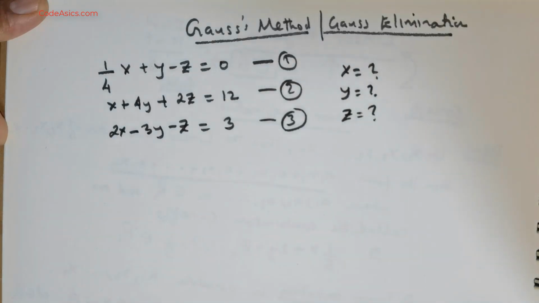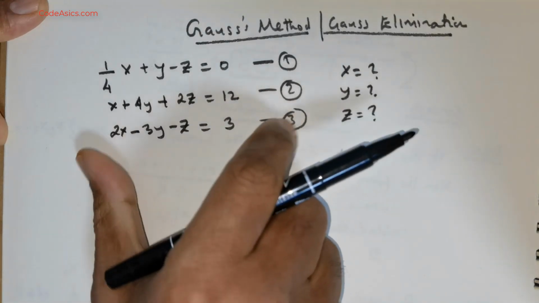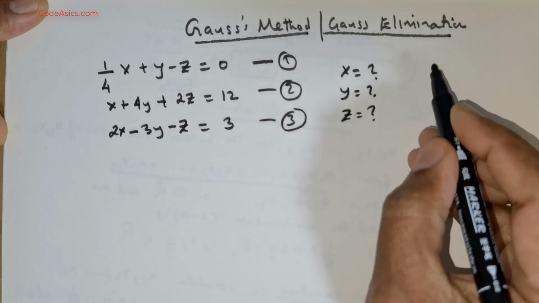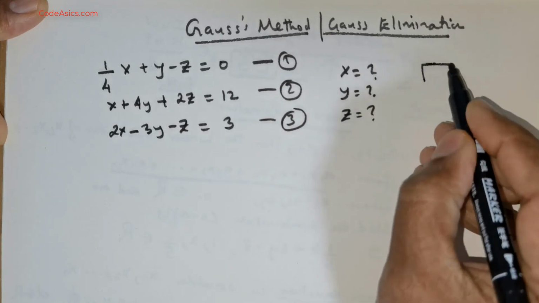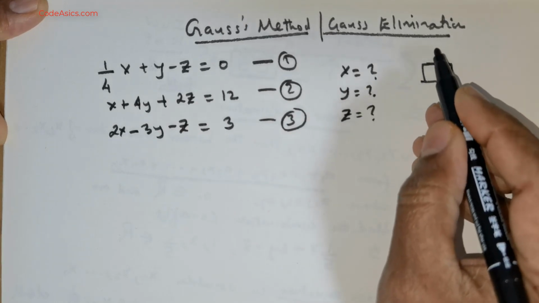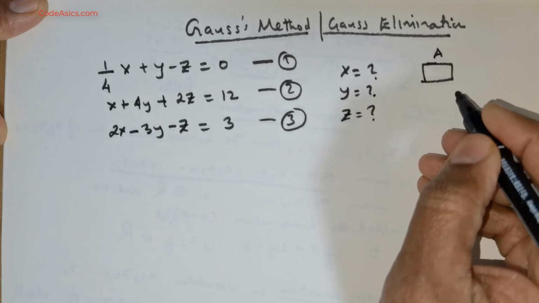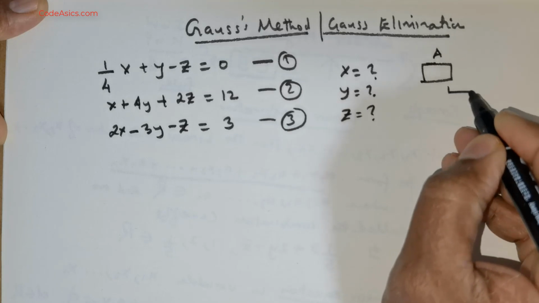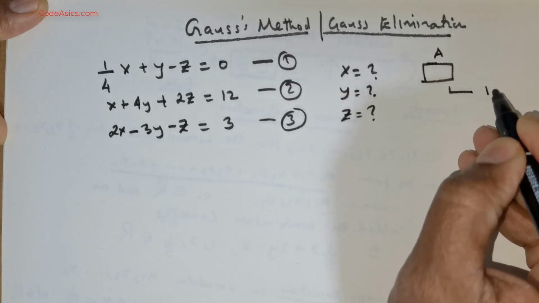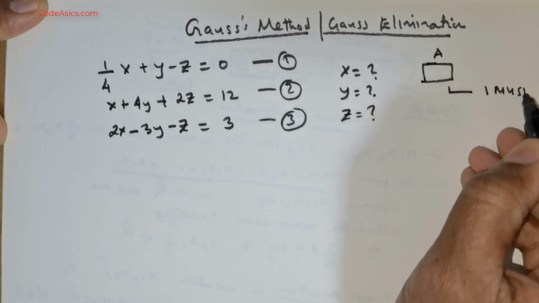Now look at this in a practical way. Imagine you have an organization, say A. As I mentioned to you, this organization wants to make a profit of 1 million USD.